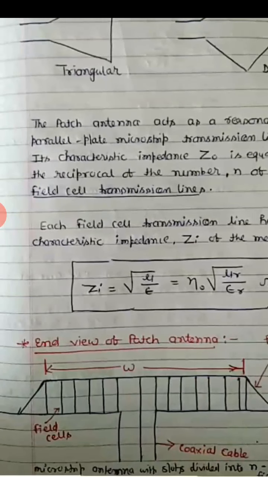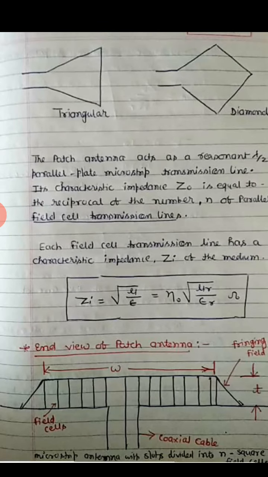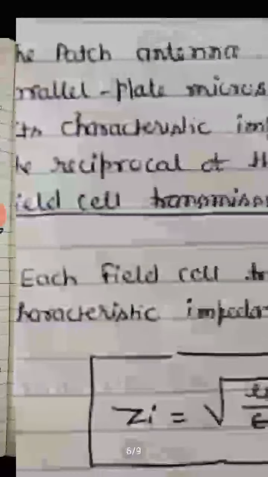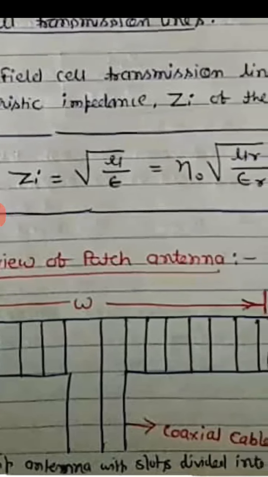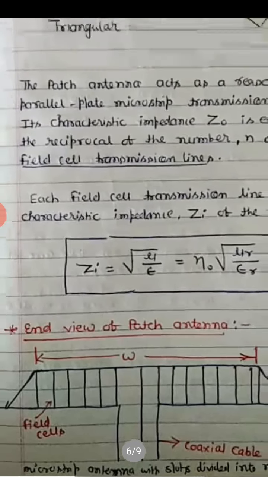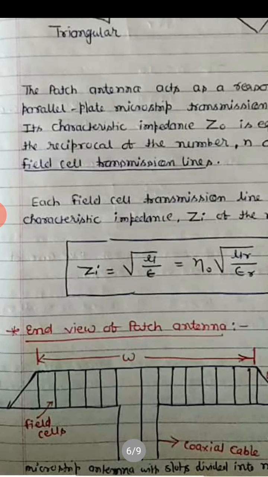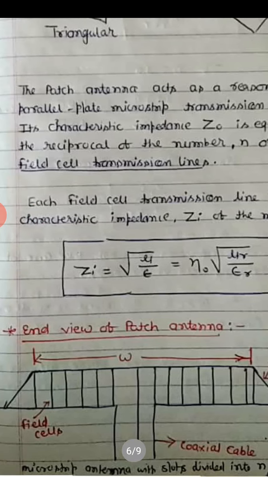Okay, now see the end view of the field cell transmission line we have used here. See in this diagram, this is the end view of the patch antenna. This is the patch, and you can see these are the parallel lines.